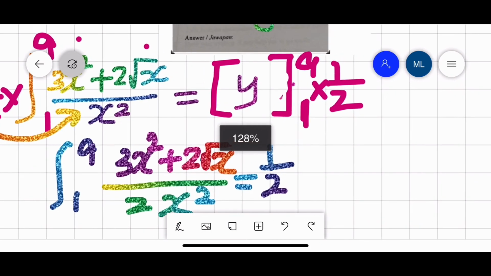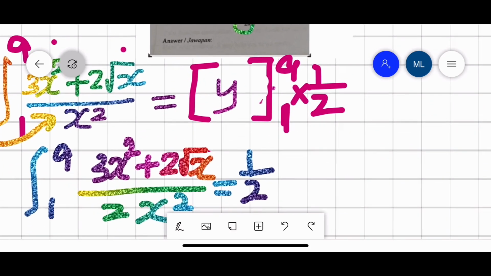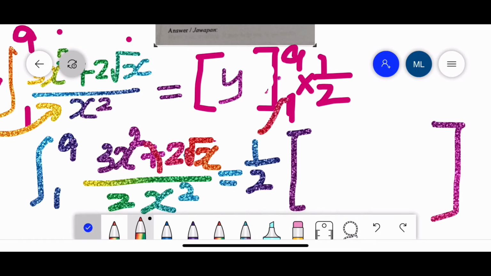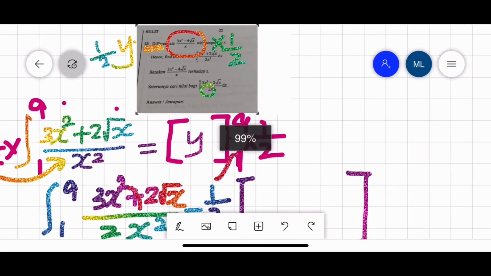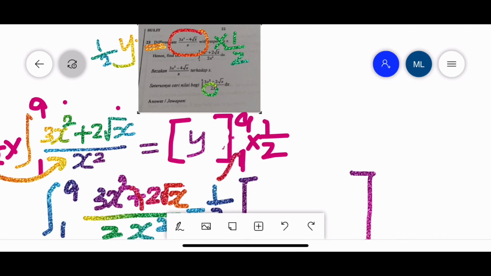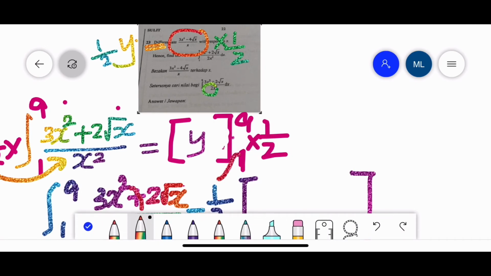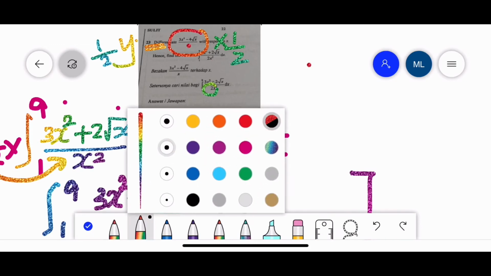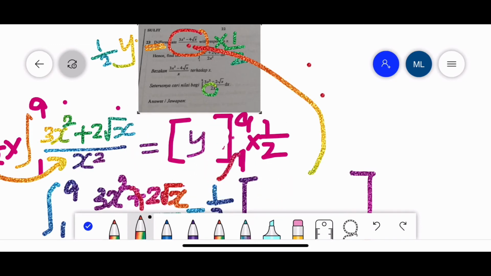With the 2x squared, now I have to times 1 over 2 there. Then only I copy down the y, given by the question at the beginning. So you copy down carefully, then substitute the limit carefully. I'm sure you will get the answer.